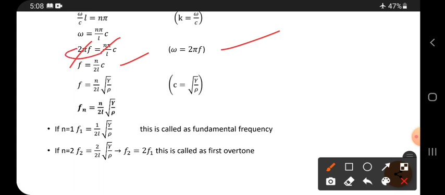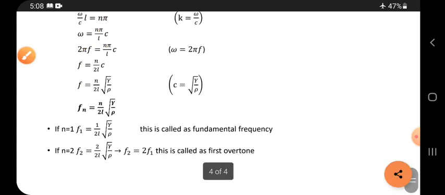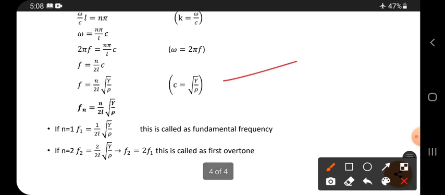The value of c is c = √(Y/ρ), where c is the velocity of longitudinal wave in a bar. So the generalized formula is this one. Substituting n = 1, f1 = (1/2l)√(Y/ρ). This is called the fundamental frequency.